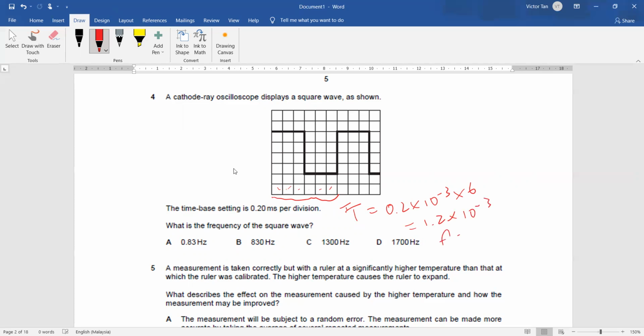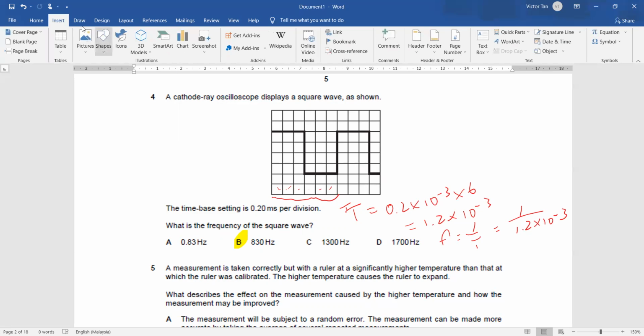So F equals 1 over T, 1 over 1.2 times 10 negative 3, which is about 830. B. Oh, a lot of B's.